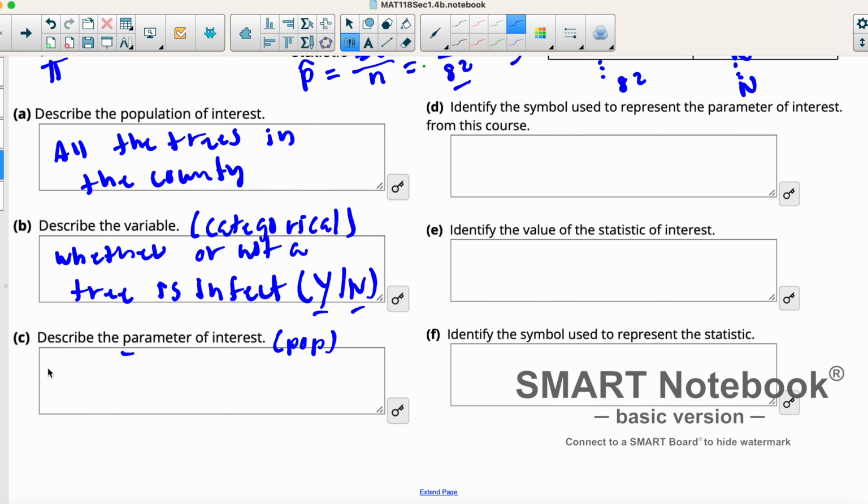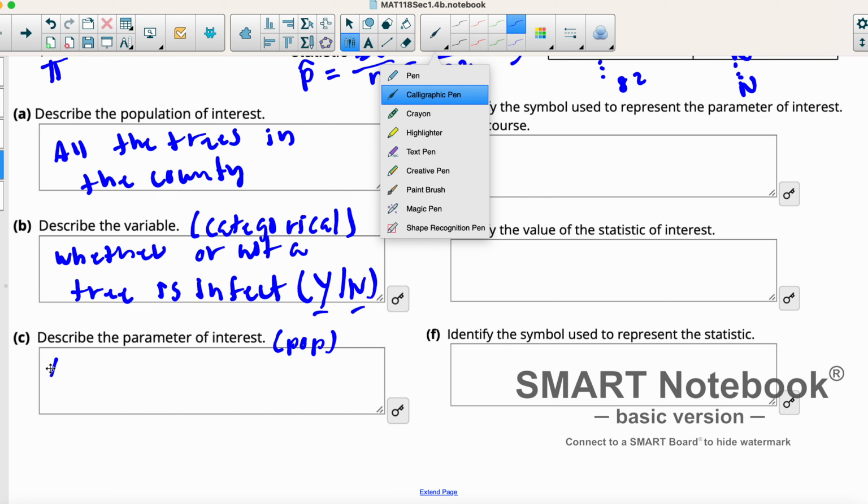So the parameter of interest is the percentage of all trees, that's the population, in the county that are infected.